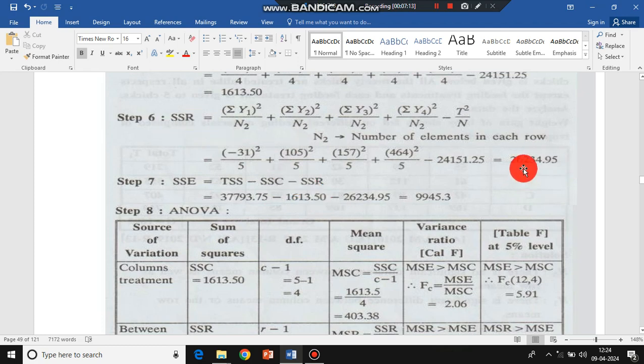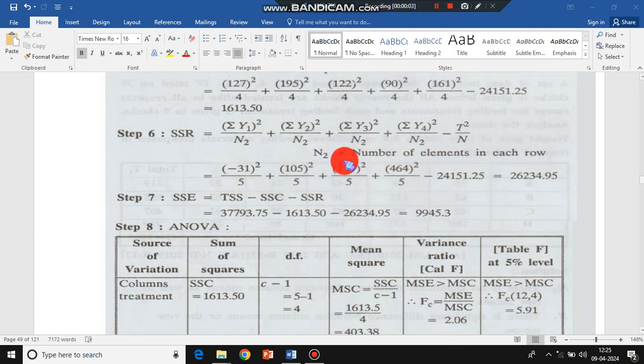SSR is 26,234.95. Okay, right. If you simplify that by using the calculator, by using shortcut methods, you will get 9,945.3. That's what SSE is. Okay, so that is what we have here as SSE.